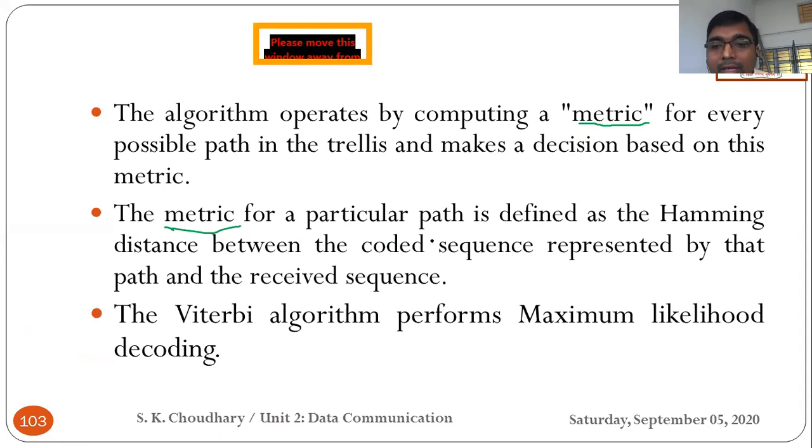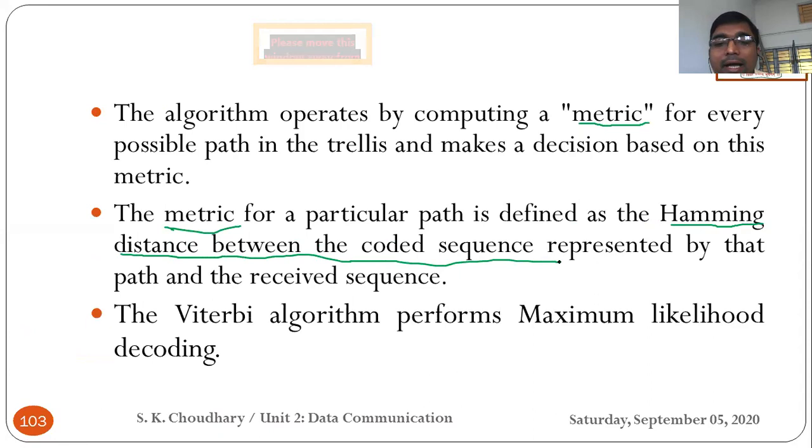The metric for a particular path is defined as the Hamming distance between the coded sequence represented by that path and the received sequence.